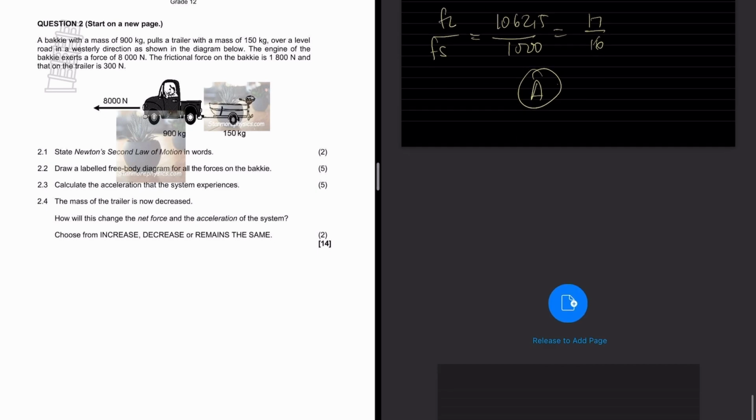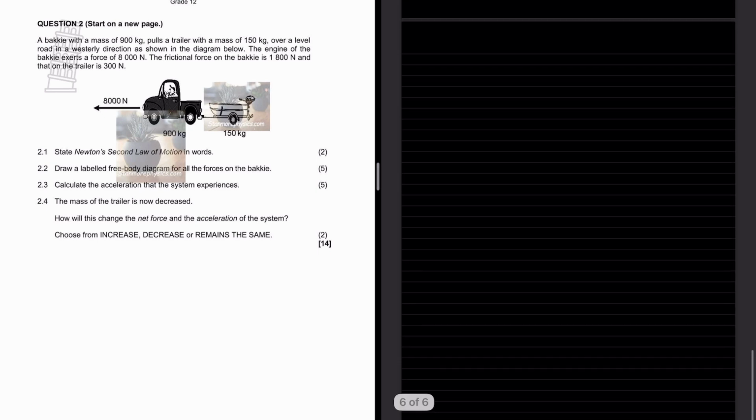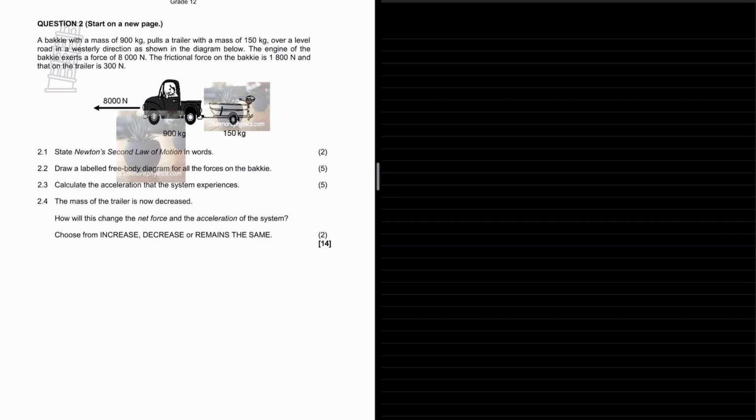We leave out 2.1. 2.2, draw a labeled free body diagram for all the forces on the bucky. So 2.2, of course, we are going to have gravity. We are going to have the force applied. We'll have the normal. We will have tension. And we will have friction.